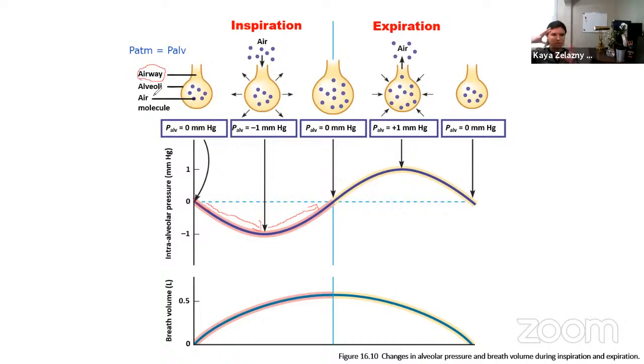So unlike our imaginary container where we're thinking about the gas law, a closed system that we compress and expand, the alveolus is open to the outside environment and we have air actually flowing in. So we can see that during the second half of inspiration, we're actually getting more molecules of air inside.